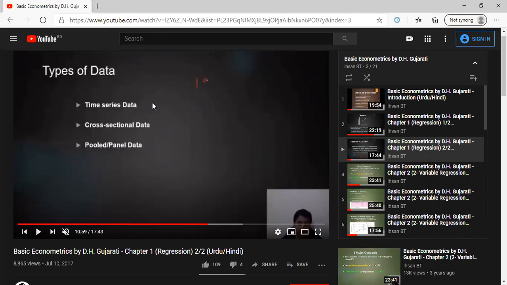So two types. If you know these two types, you know the third type. First type is time series over the period. Another one is across the countries or cities or places, villages, and so on. When you pool these two types, time series as well as cross section, and stack them in one column, that is pooled data or panel data. How do you do it? Let's say you are looking at GDP for 20 years across countries.